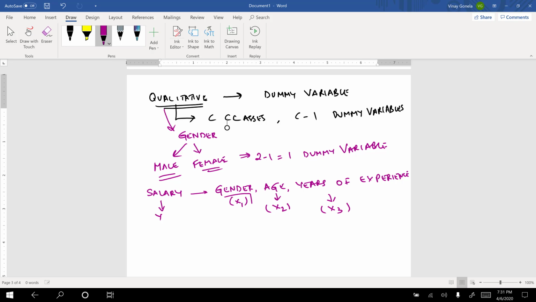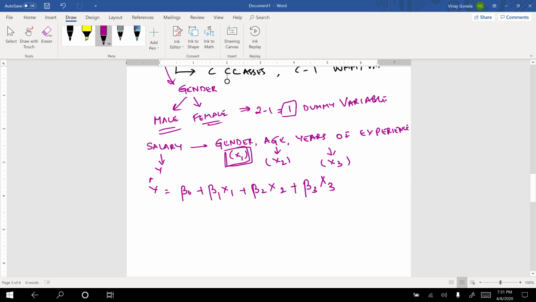Here I am introducing only one dummy variable because I have to introduce only one. So the equation would look like y hat is beta naught plus beta 1 x1 plus beta 2 x2 plus beta 3 x3, and this dummy variable x1, because that is a qualitative variable, will be equivalent to 0 or 1. If you see 0, it's female, and if you see 1, it's male.